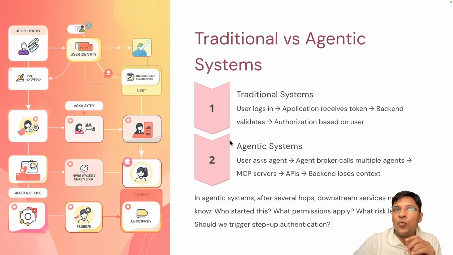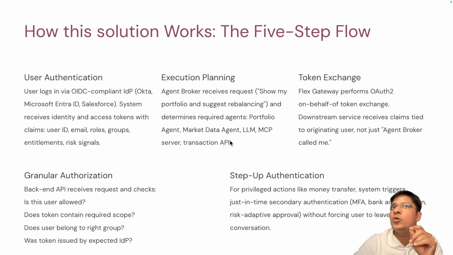Now let's see how the solution MuleSoft provides works. It works in 5 steps. First step is user authentication, where OpenID Connect compliant IDPs, whether it's Okta, Entra ID, Salesforce, or any OIDC compliant IDP, will be used to authenticate the user, and they will pass on the claims information.